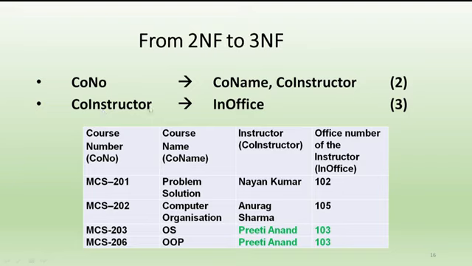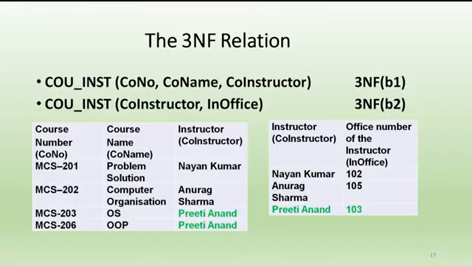So course instructor, comma, in office becomes the next table. We can simply break this table into 3NF tables with the help of these two functional dependencies: course number, course name, and course instructor, which is in 3NF, and similarly course instructor and in office.